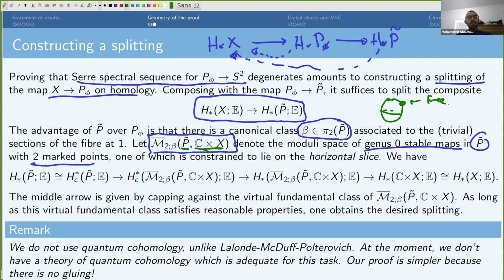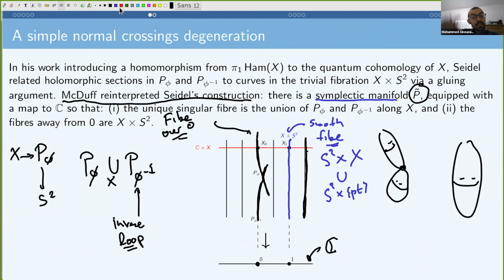It can go anywhere it wants, so it's decorated by P tilde, and the other marked point I constrain to lie on C cross X. This is what we call the horizontal section. It's not the smooth fiber; it's the thing that intersects it transversely.